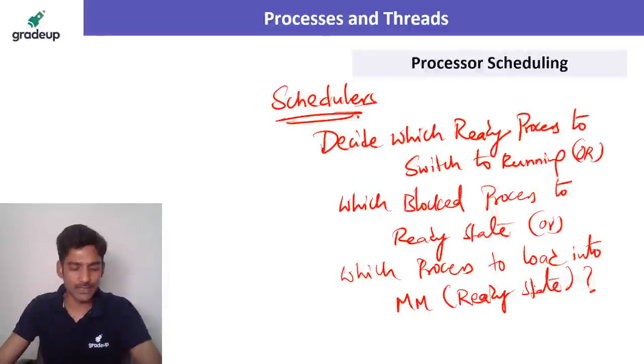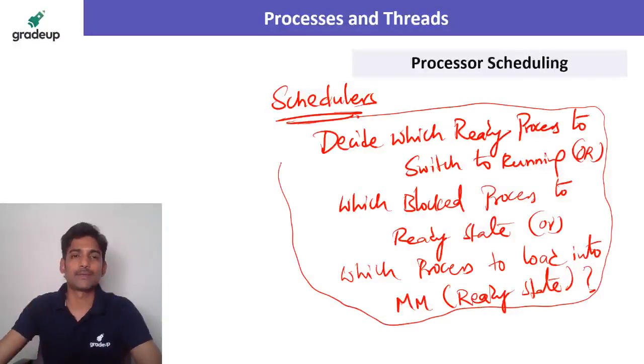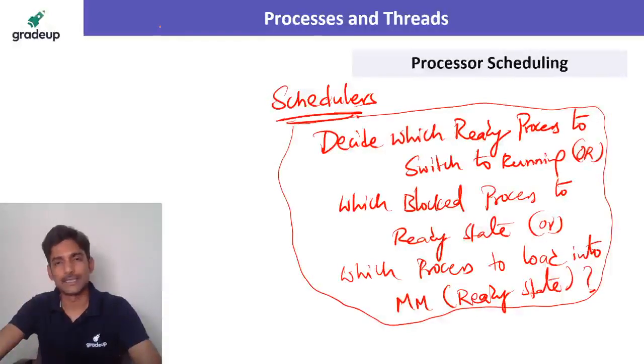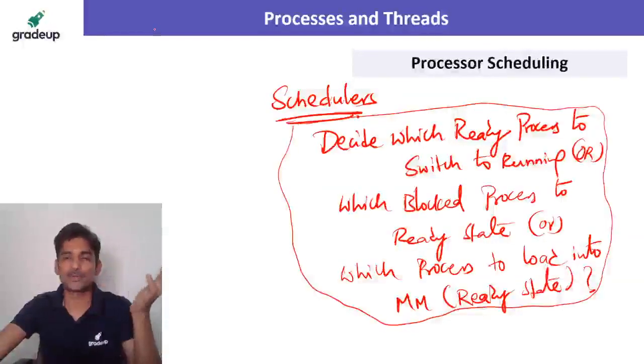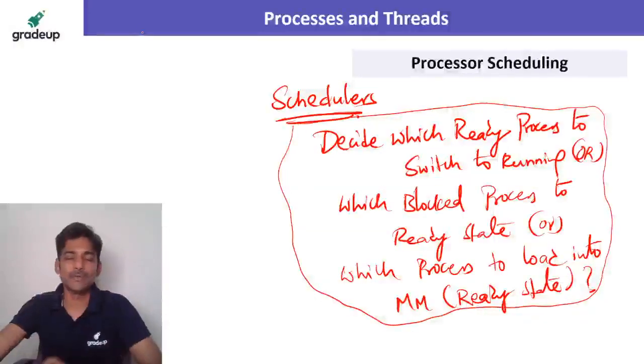So the schedulers decide this transition. Whenever the scheduler decides, then the dispatcher program will carry that process from one state to another state.